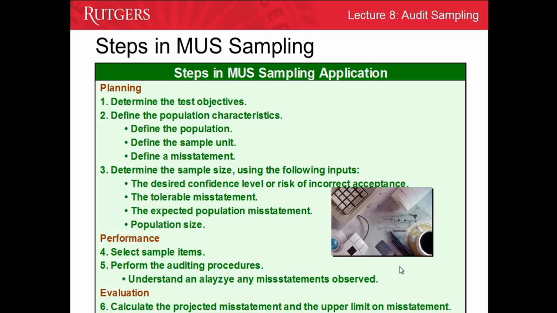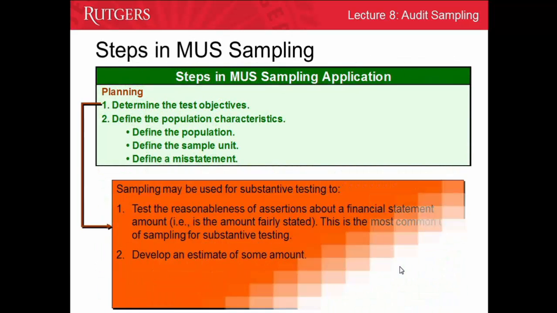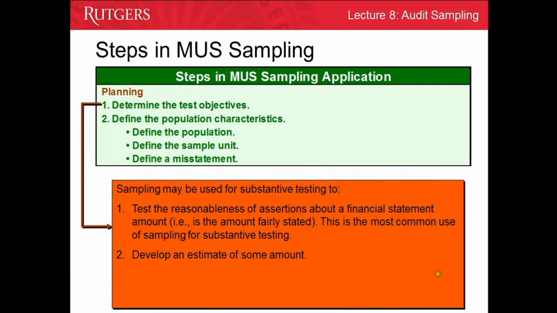It's very similar to the steps we use to do the attribute sampling for the test of controls. So let's go through the steps one by one. First, determining the test objectives.